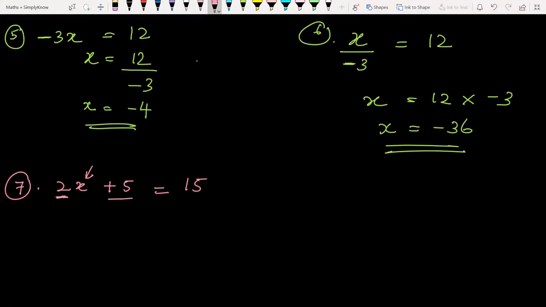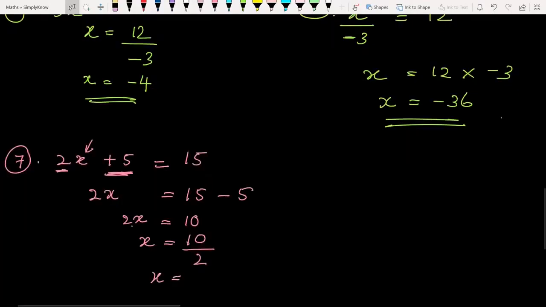First, eliminate +5. So 2x equals, when we transfer +5 to the other side, addition 5, it will become 15 minus 5. So here our right side is 10 now. And 2x equals 10. And what is x? x is, now this multiplication will become a division. 10 divided by 2. x equals 5.